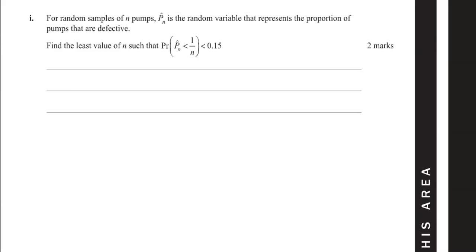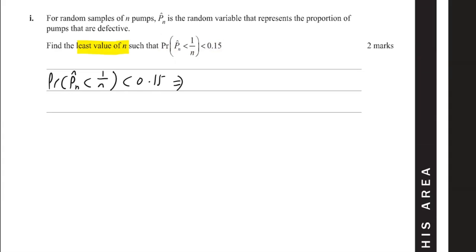Final part of the question, part I. We want to find the least value of n such that this condition is obeyed. So PR of p hat n is less than 1 on n, is less than 0.15.